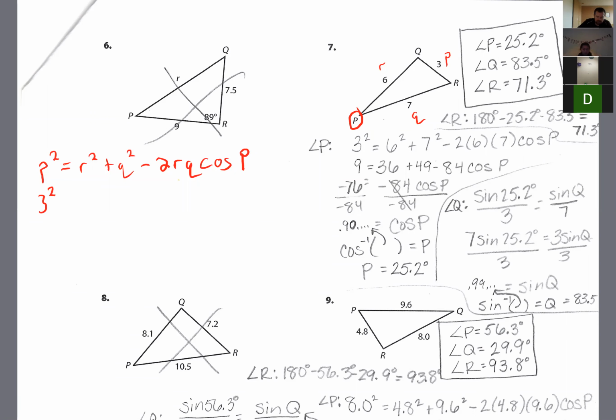Okay, so little p is 3 equals little r is 6, and then little q is 7 minus 2 times 6 times 7 cosine of p.